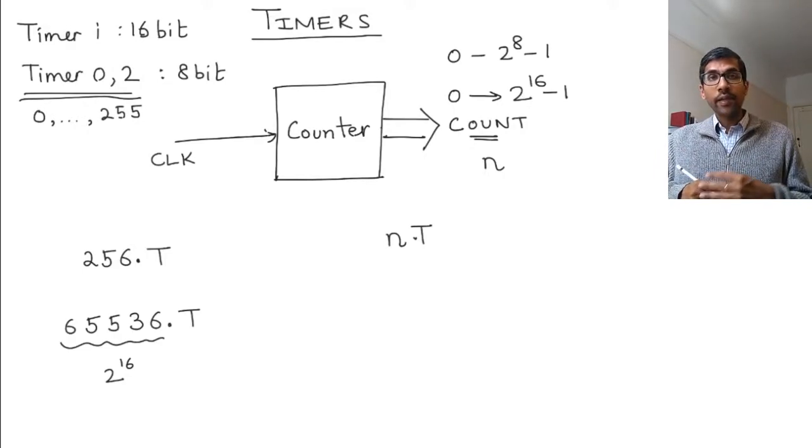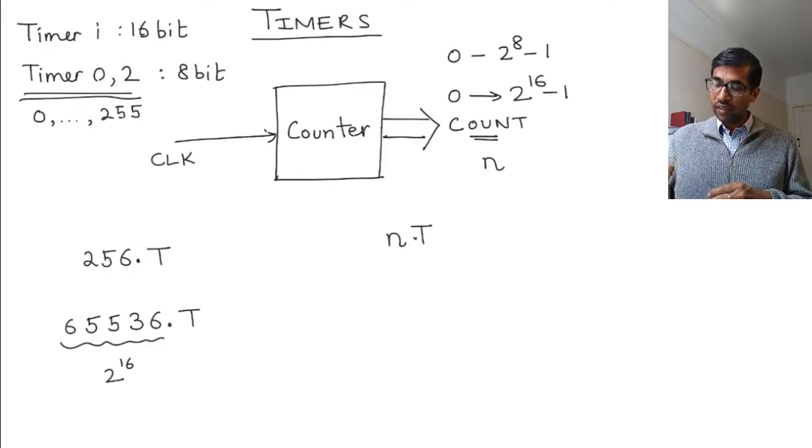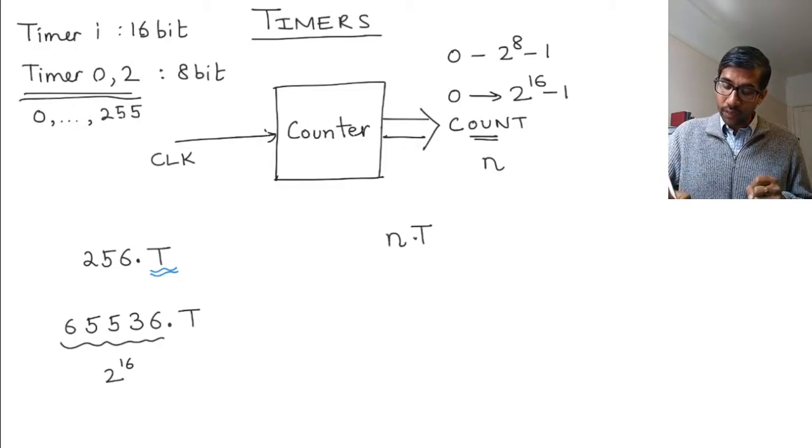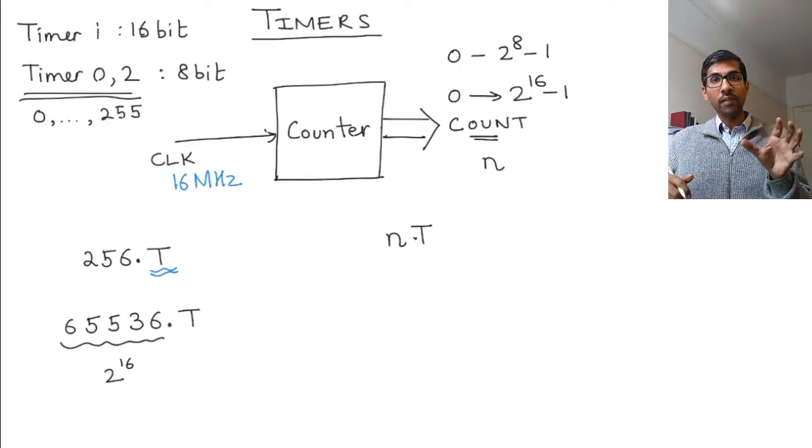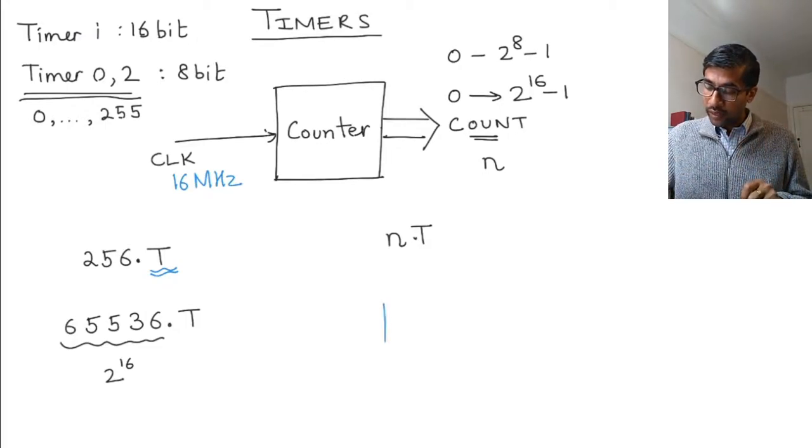Another thing that all timers have is a way of changing this time T, right? So the system clock, as we said, is 16 megahertz in general, in the system. But what timers have are small things built into them called prescalers.